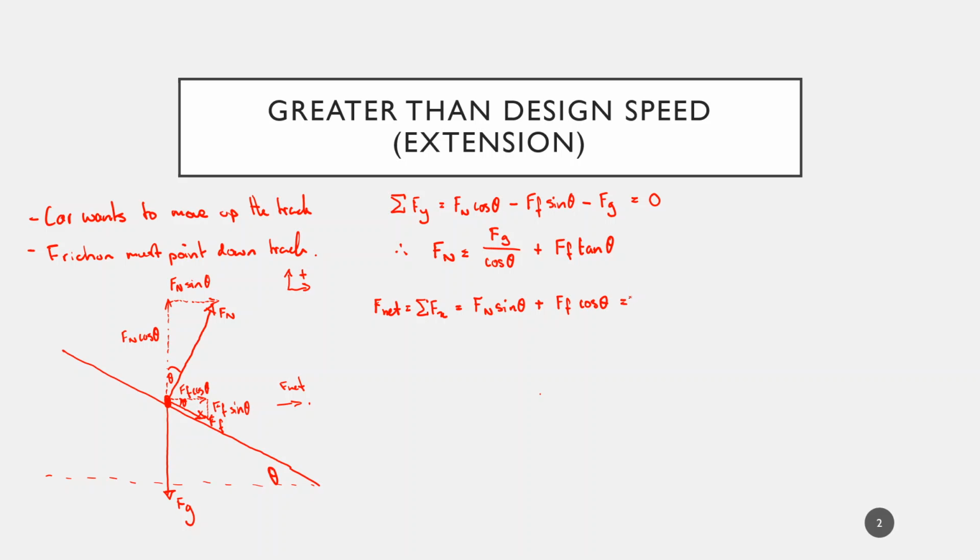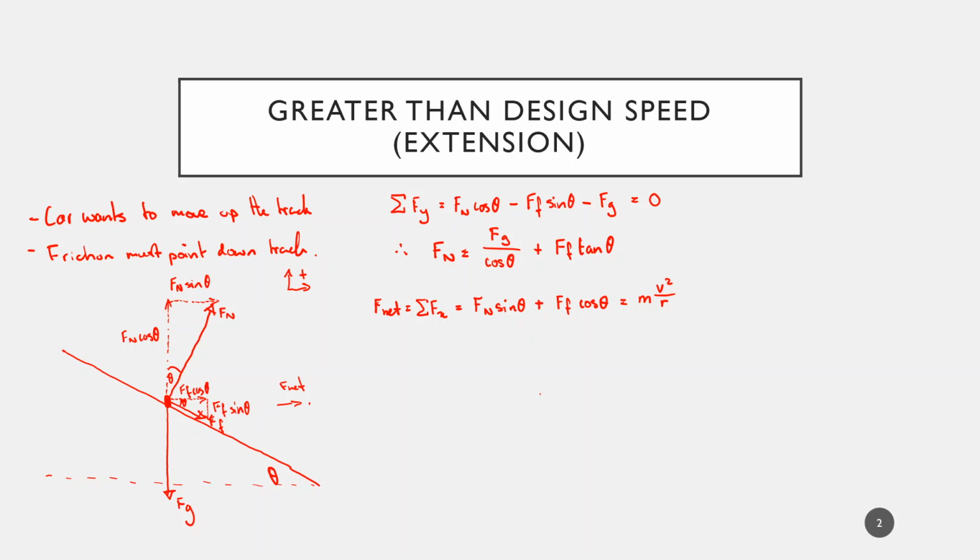That's it. They add up. And what is our net force equal to? Well, the object's in circular motion, and anything in circular motion has a net force equal to mv squared on r.